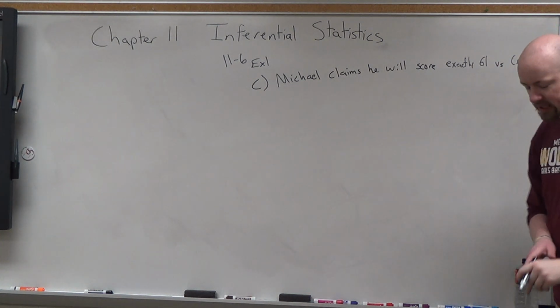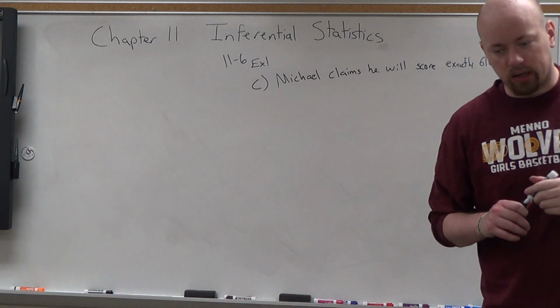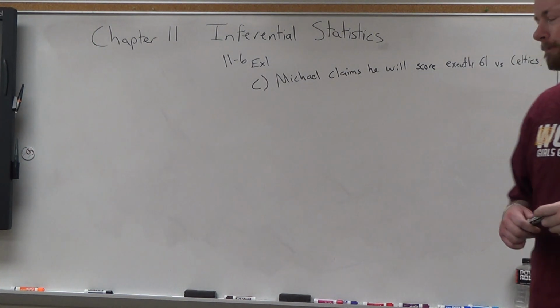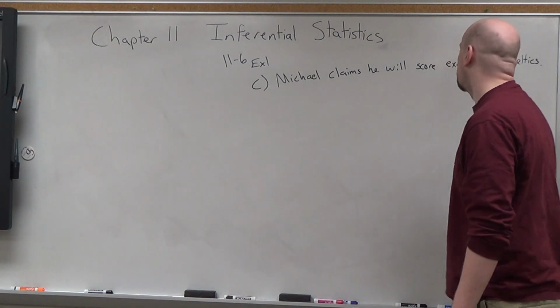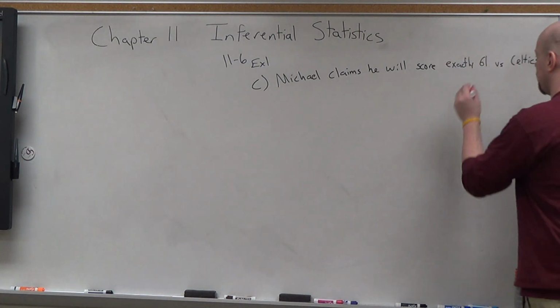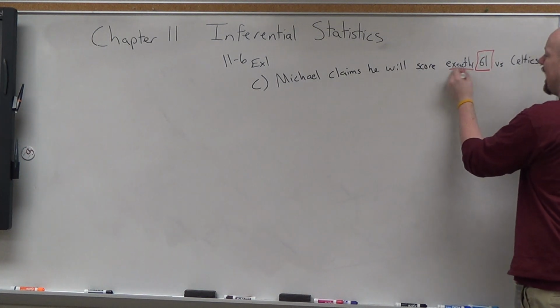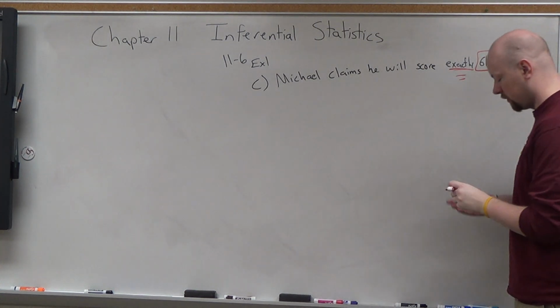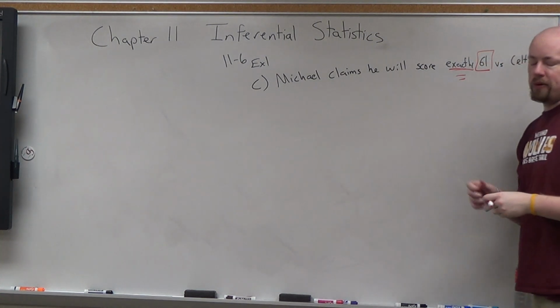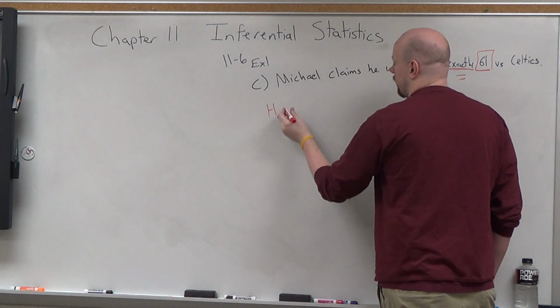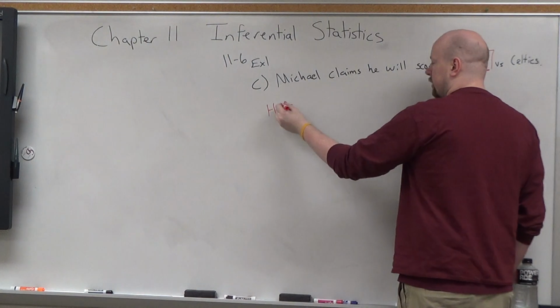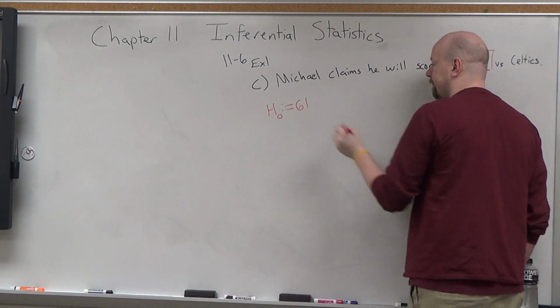Those of you who don't know, 61 is the highest ever playoff point total, and Michael being obviously Michael Jordan. Okay, so the claim would be exactly 61. My 61 would be my test value, exactly meaning an equal sign. So with an equal sign, it would be my null hypothesis, h sub 0 colon equals 61.